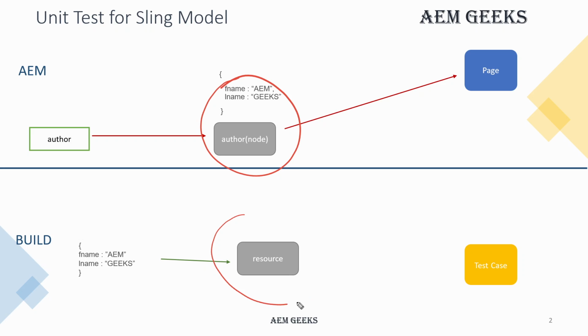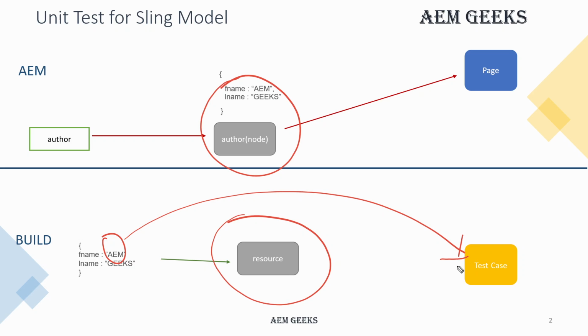We have created the same kind of resource for the Sling model. Don't take my words literally. It's not exactly the same, but the properties are the same. If you have fName, you can put anything here. It's not necessary that it should be the same. Whatever is there, you will test it here.